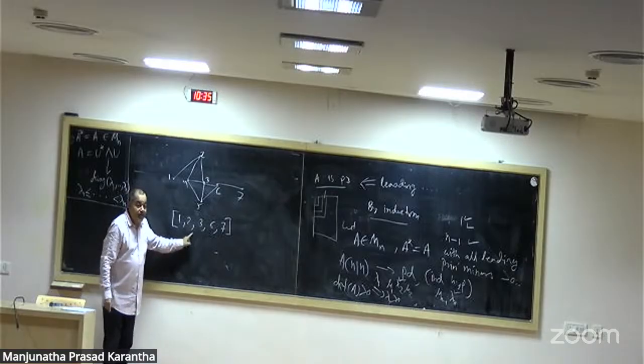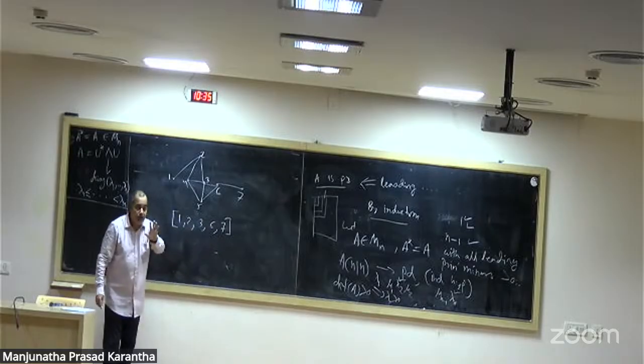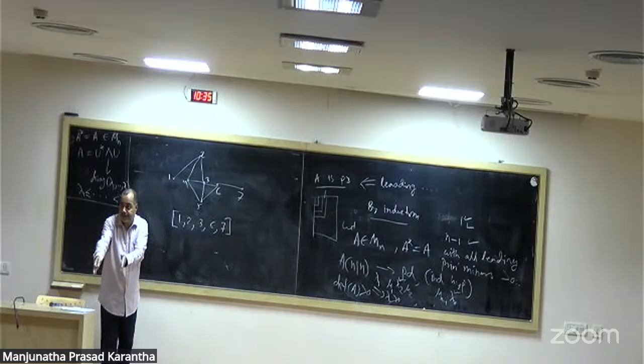And what is the adjacency matrix corresponding to this? Now 1, 2, 3, 4, 5, so it will be the adjacency matrix of P5.